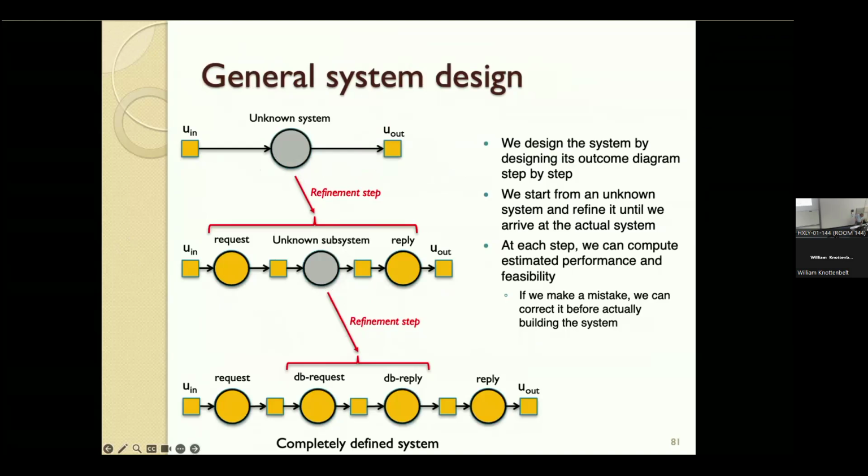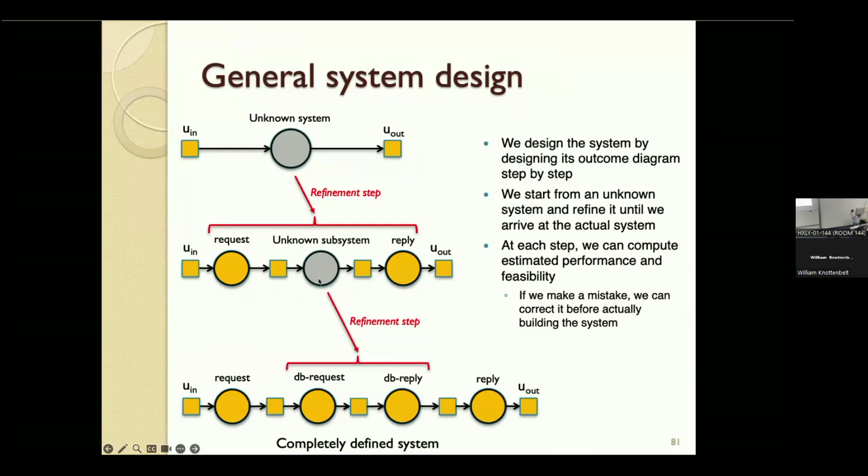At each step, like in the middle here, we can estimate what the performance and feasibility are. This is like the top-down example. We can ask: is it still possible? Is this design still feasible? It might be that this gray, as yet unknown subsystem has an impossible delta Q. We're asking too much.